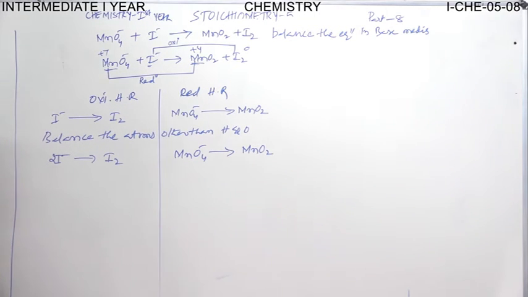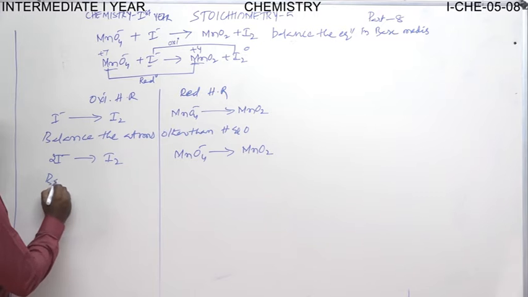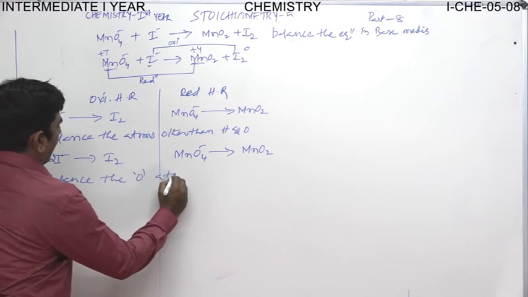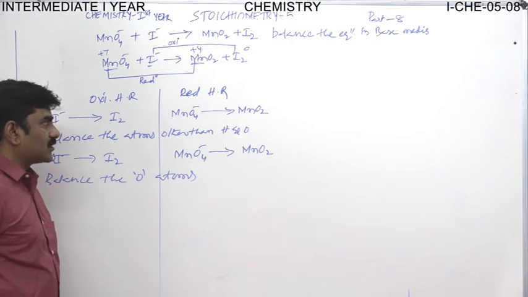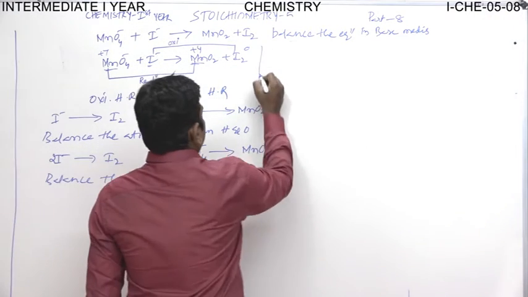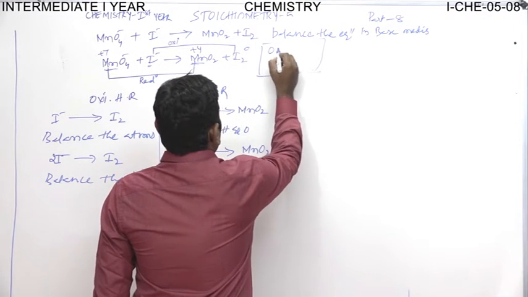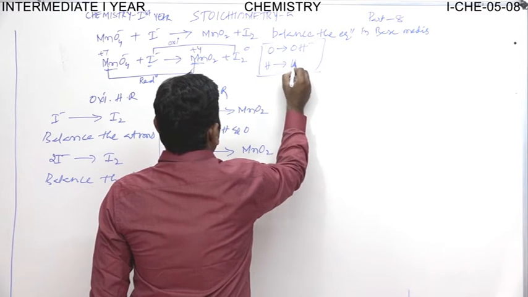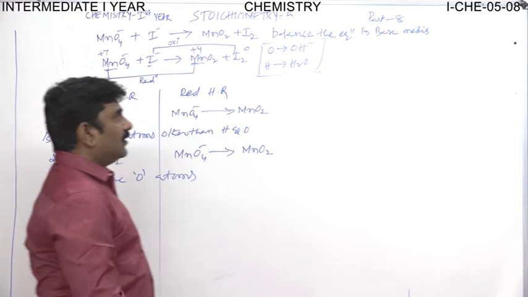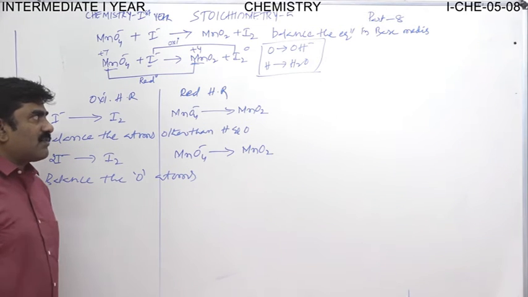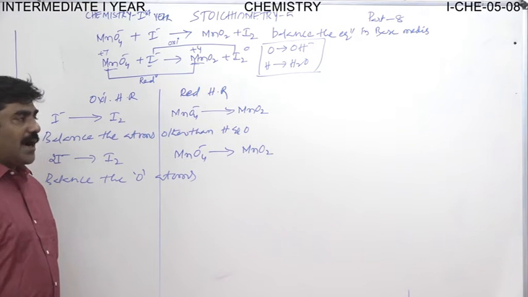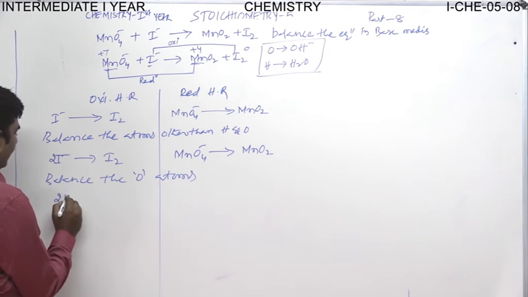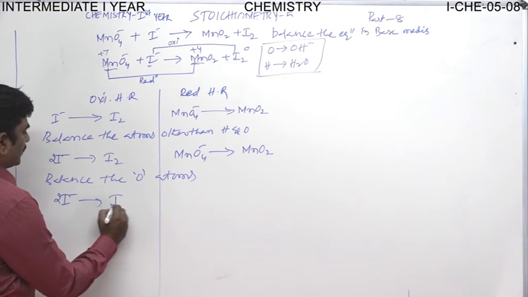Next step, balance the oxygen atoms. In base media, for oxygen write OH minus, for hydrogen write H2O. To balance oxygens, on the side with fewer oxygens write OH minus; on the side with fewer hydrogens write H2O.